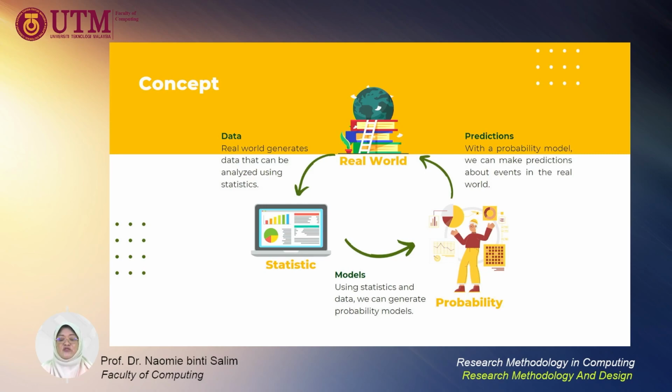Then, from the models that you have developed, you can make predictions about events in the real world, that actually is the real data or population that you want to study. But you apply statistics only to the samples that you have obtained from the real world, based on models that you have developed, to help you predict what will happen or what can happen in the real world.